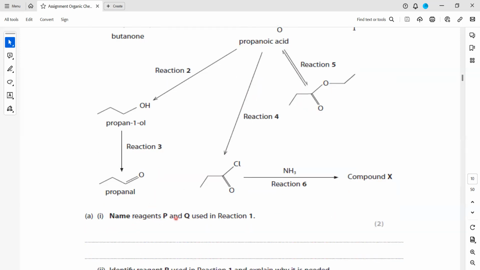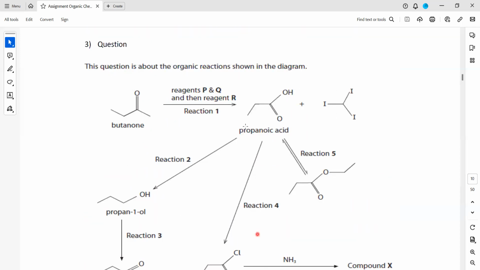Now, name a reagent P or Q used in reaction 1. So this is related to memorizing the conditions. So what we use, because triiodomethane is also formed. So we react, P is actually aqueous sodium hydroxide, and the other one is iodine in aqueous potassium iodide, or iodine in a potassium iodide solution.